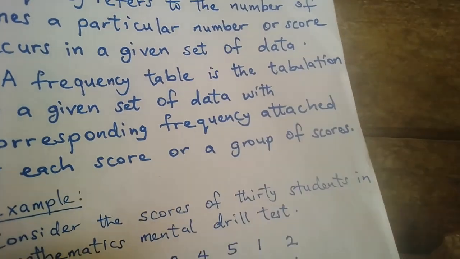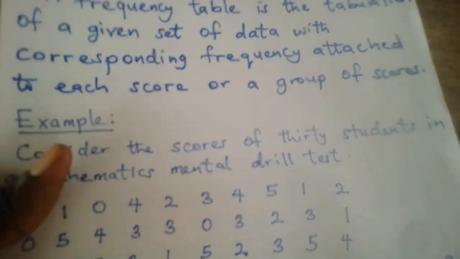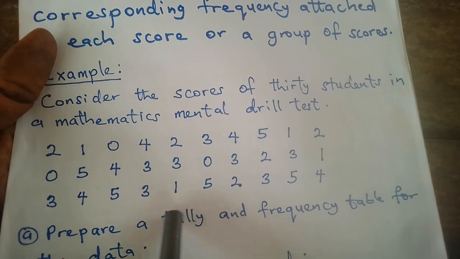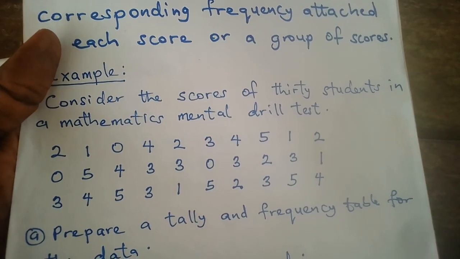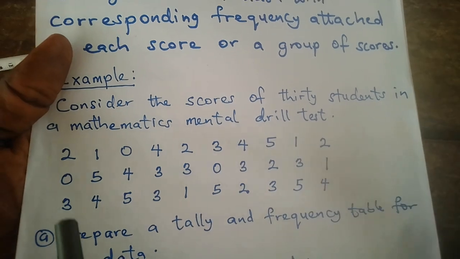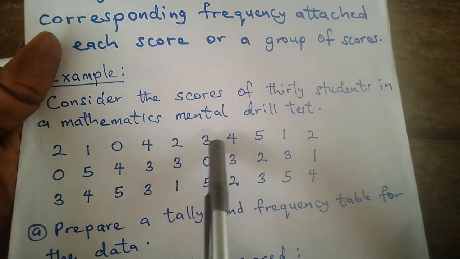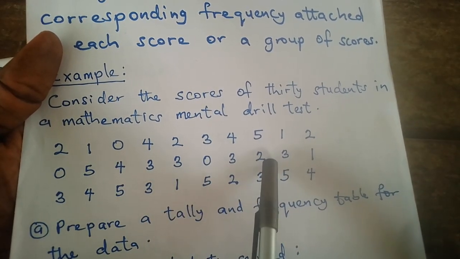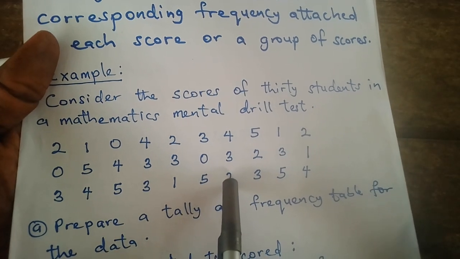Now, when you talk of frequency, it is the number of times that number occurs. For example, in this particular set of data we are given, if we want to know the number of times 2 occurs, we will count: 1, 2, 3, another one is here, 4, then the last one is here, 5.